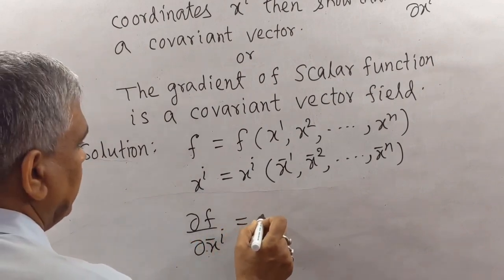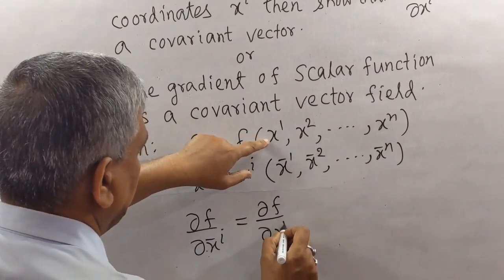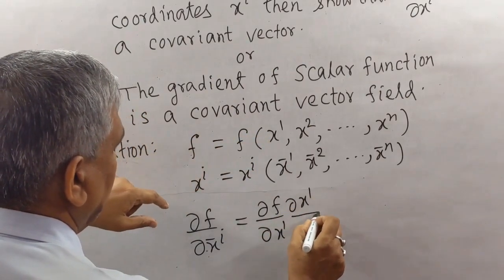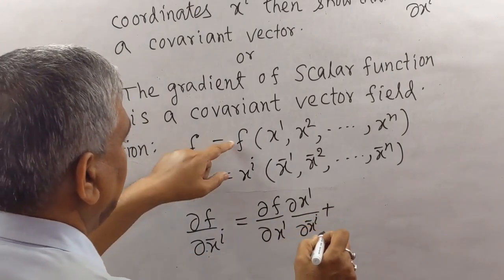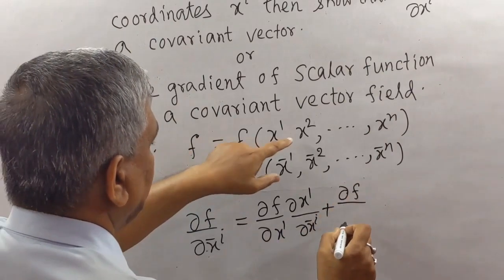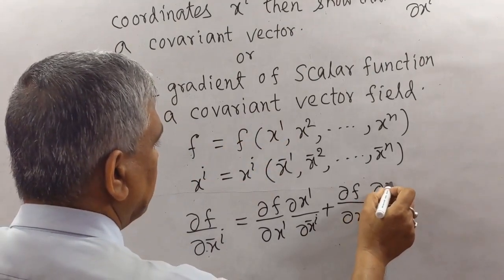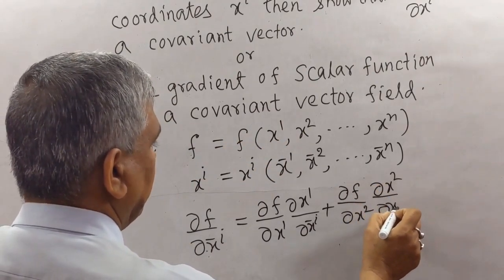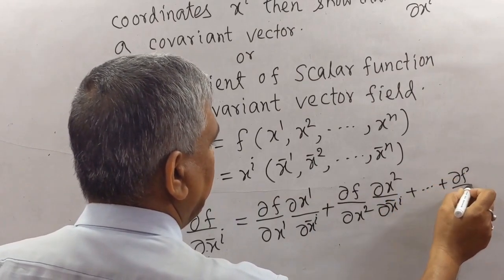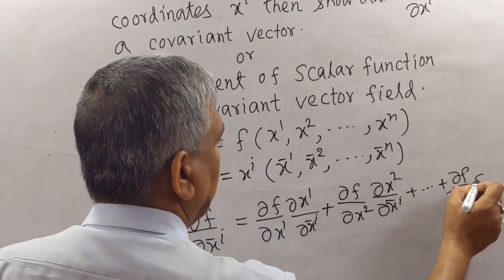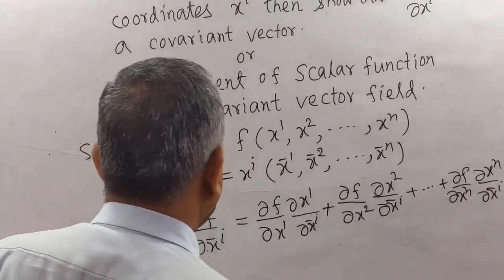So we may write del f by del x1 times del x1 by del x bar i, plus del f by del x2 times del x2 by del x bar i, and so on, plus del f by del xn times del xn by del x bar i.